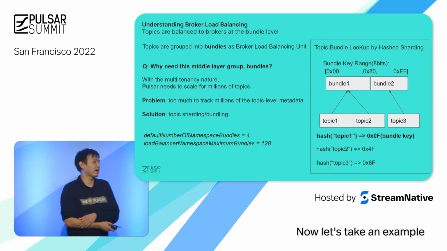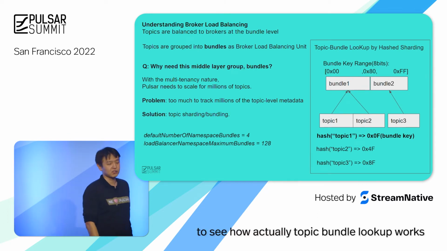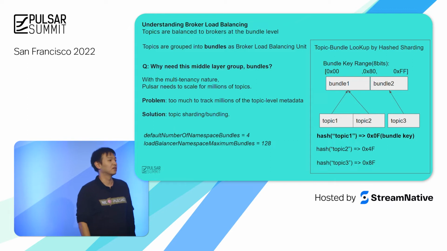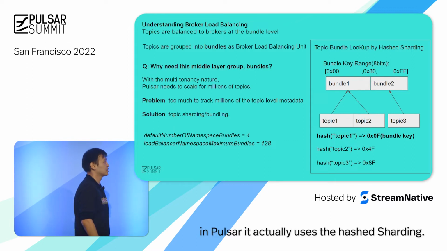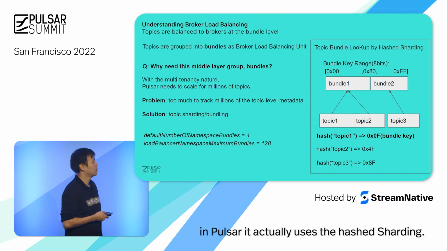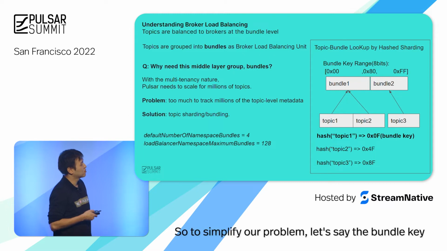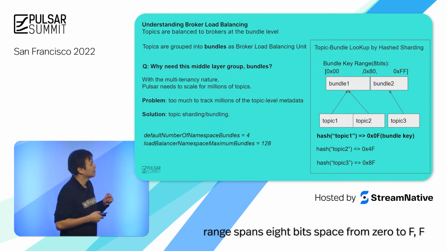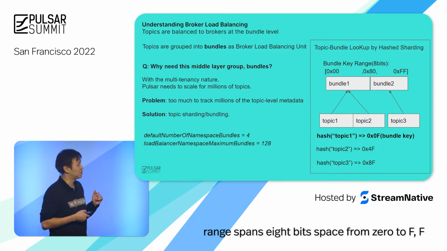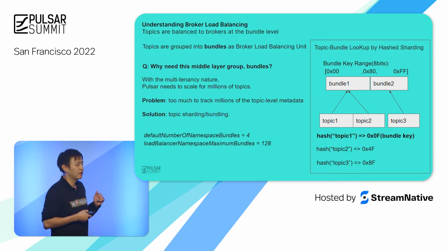Now let's take an example to see how topic bundle lookup actually works. In Pulsar, it uses hash sharding. To simplify our problem, let's say the bundle key range spans an 8-bit space from 0 to FF, and there are 2 bundles right now, partitioned at 80.